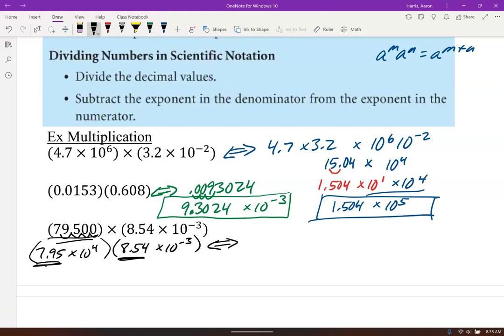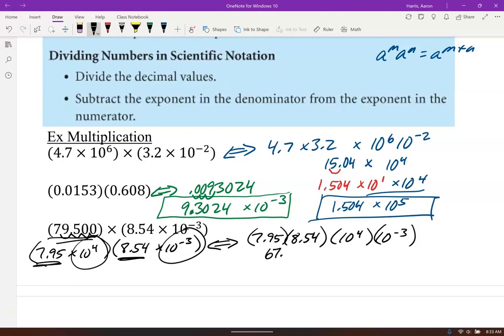So this becomes 7.95 times 8.54 times, and then I have a 10 to the 4th from here, and I have a 10 to the negative 3. Well, if I multiply 7.95 and 8.54, I get 67.893. And then 4 plus a negative 3, or 4 minus 3, is 1.